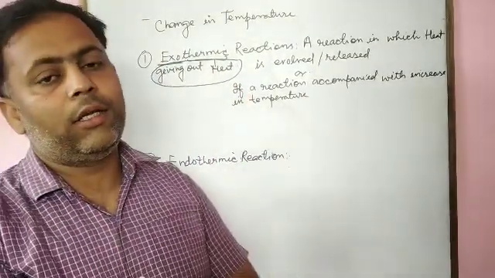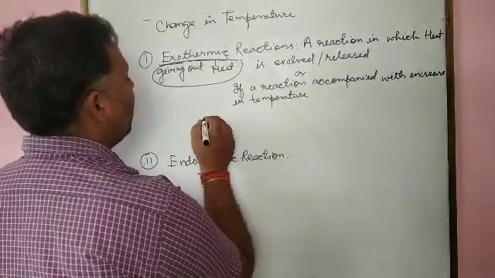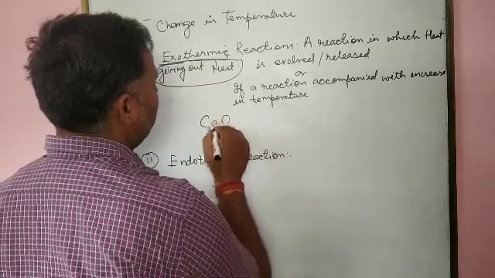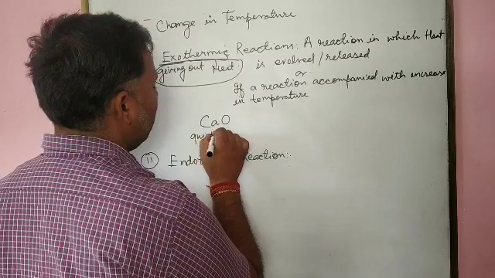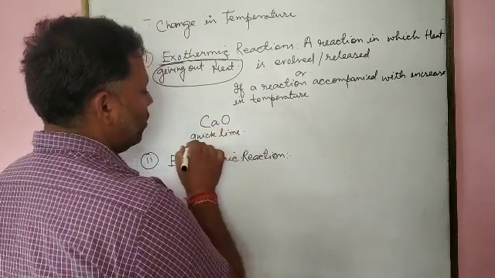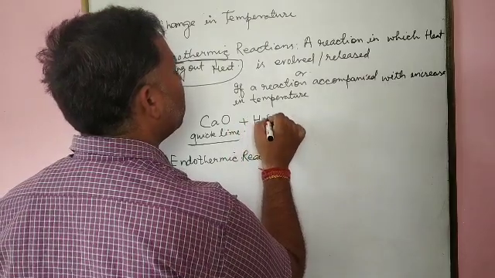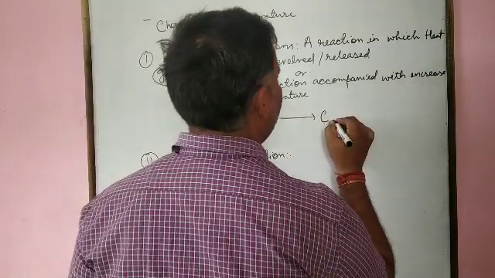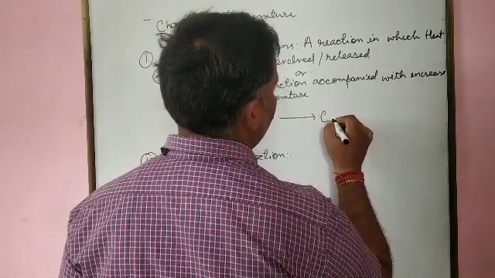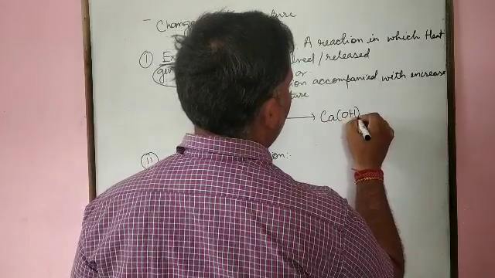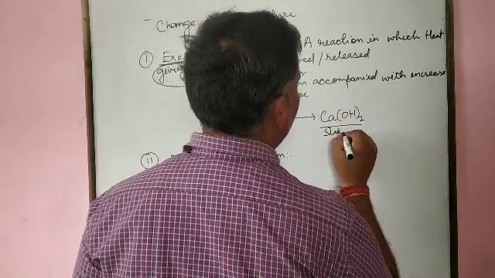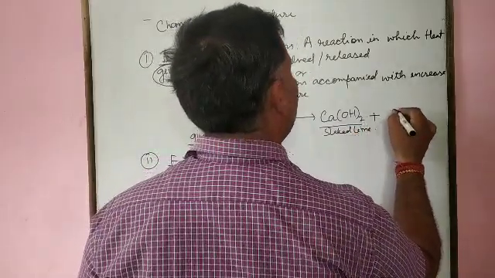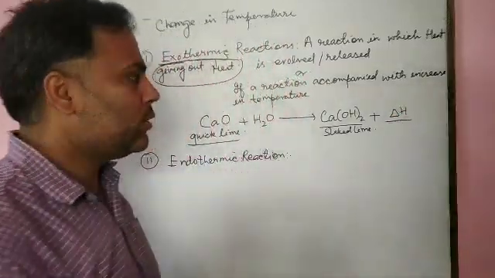Let us understand by taking an example. When we add water to quicklime, CaO, then heat is evolved. It forms slaked lime plus delta H. It means heat is evolved.